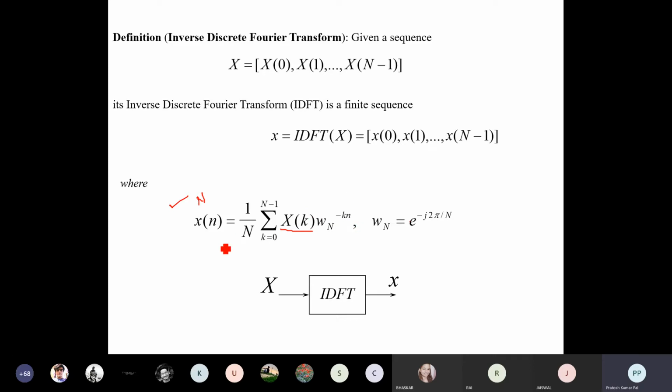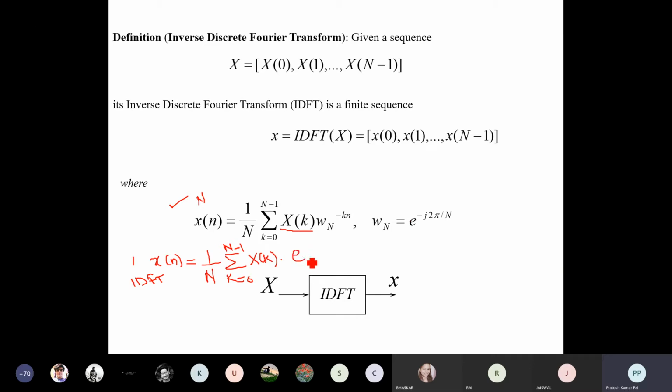So after putting the value of twiddle factor, we can write x of n, that will be the IDFT. Okay, so IDFT will be given by 1 by N summation k varying from 0 to capital N minus 1. Here this N will be the number of samples present in X of k, into summation of X of k into the twiddle factor.